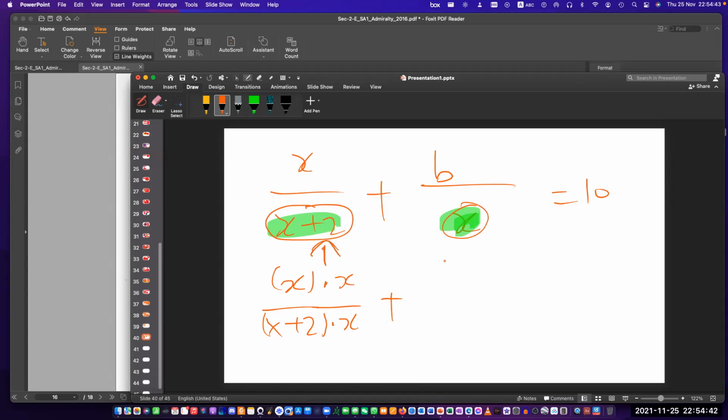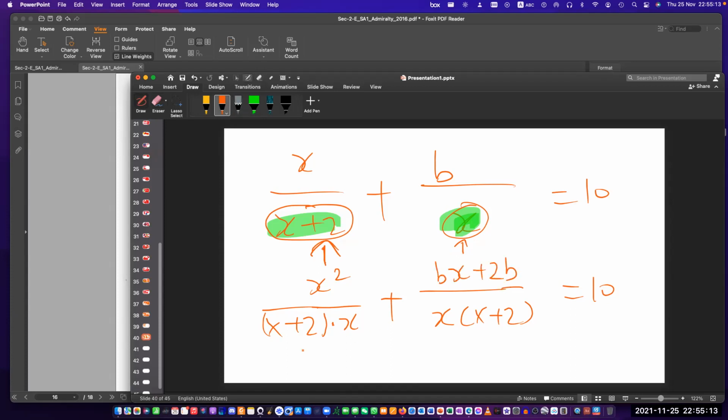And for the second fraction, you already have an X in the denominator, so you need to have an X plus 2. Once you have the same denominator, then you can actually solve this. So this will end up with X squared. So I'm giving you another example. Now over here, you end up with bx plus 2b.